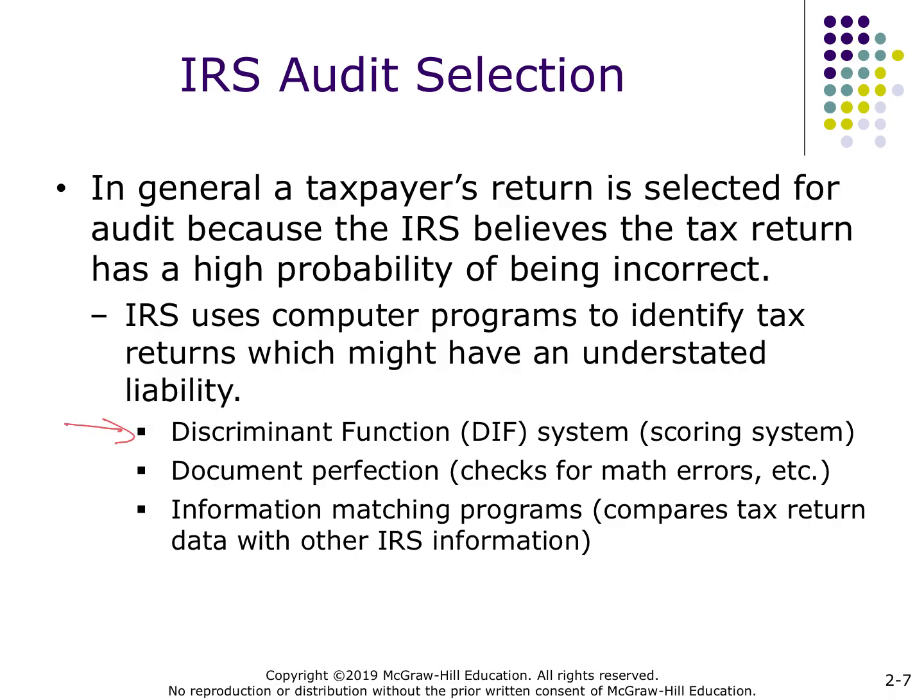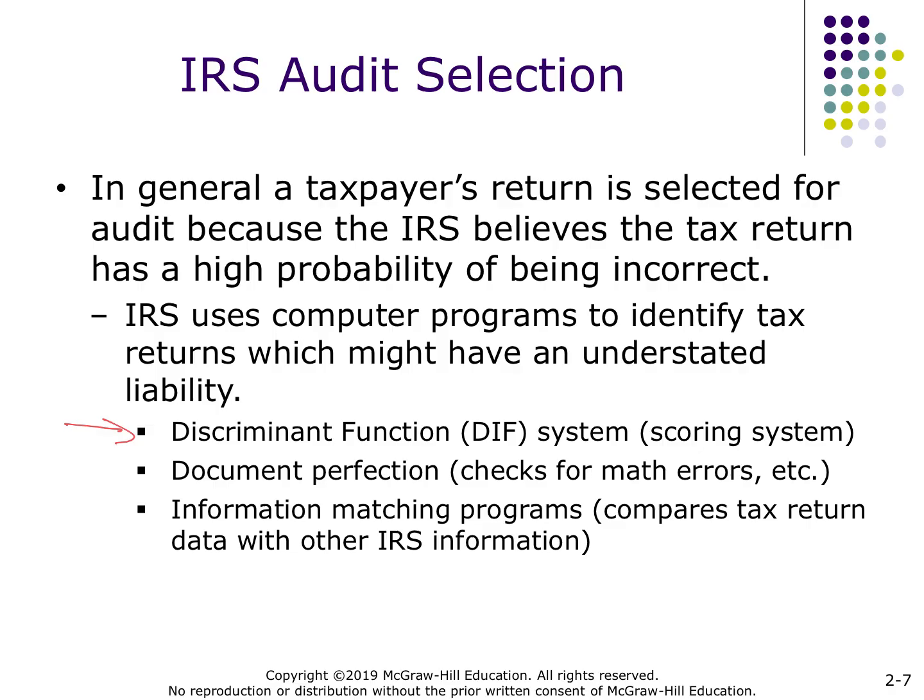Okay? All right, so the first one is this discriminant function system. Okay? So this discriminant function system is really pretty cool because it's an algorithm, right? And so what they do is they look at your level of income and they compare it to taxpayers across the country that have a similar level of income. So say you're married with 2 children and you make $50,000 a year. They're going to compare your tax return to other married individuals that also have 2 children that make $50,000 a year.